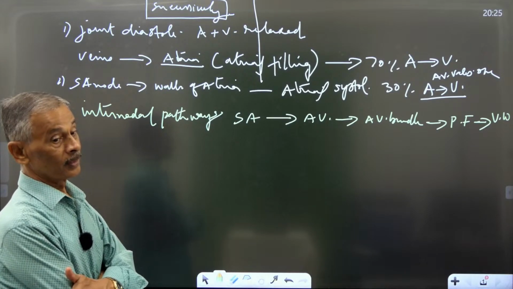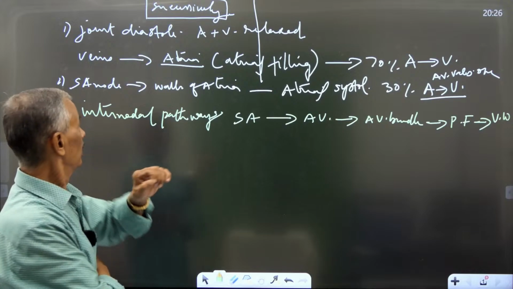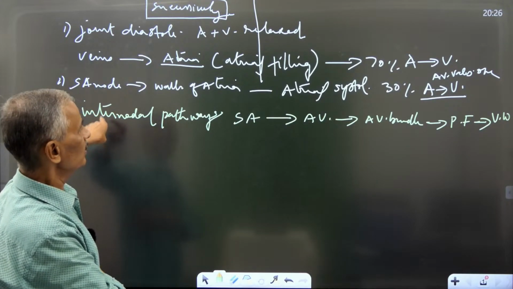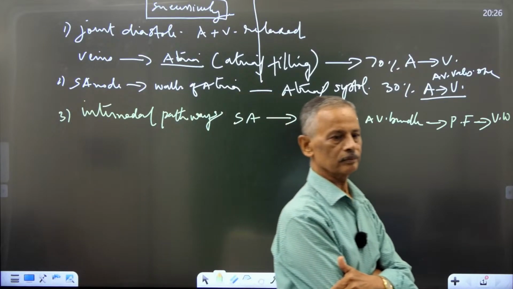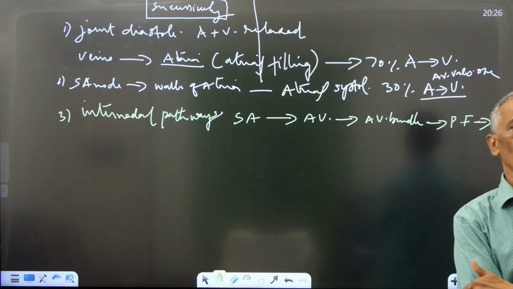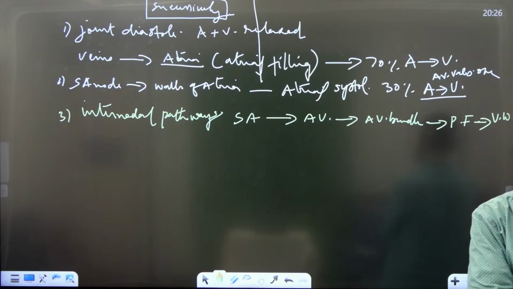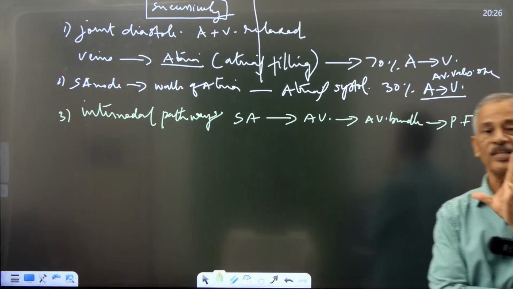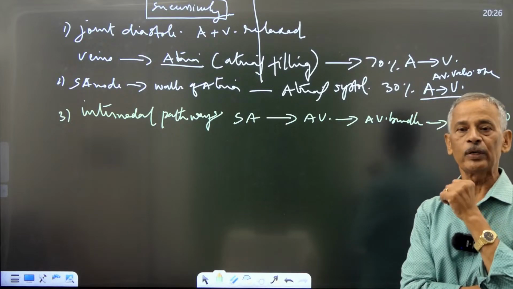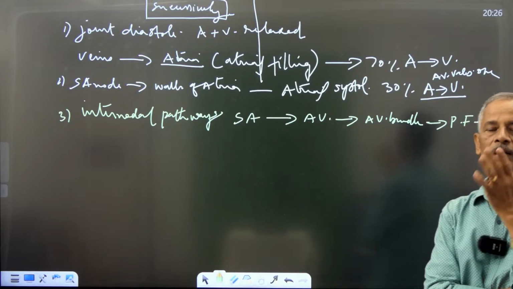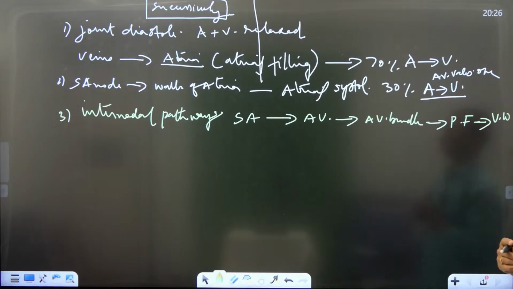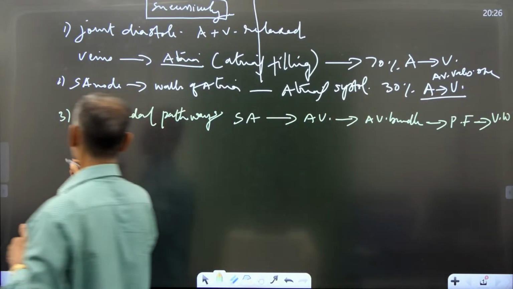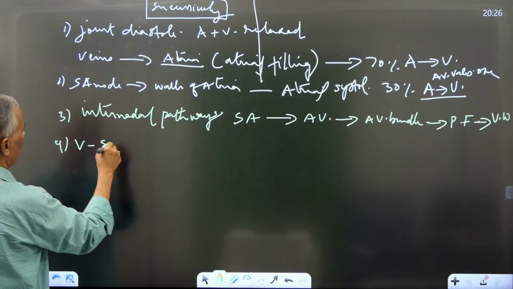Remember, it is only after a small gap that the signal has reached from SA node to AV node. It takes about 0.16 seconds. So only after that, the signal reaches the AV node. From the AV node, it is passed through the AV bundle, Purkinje fibers, then to the walls of the ventricles. Now, ventricles undergo ventricular systole.